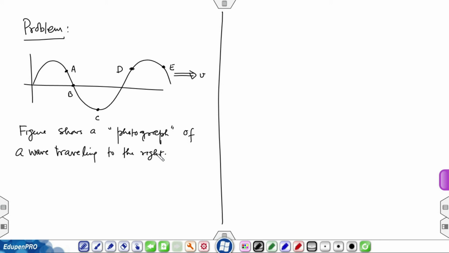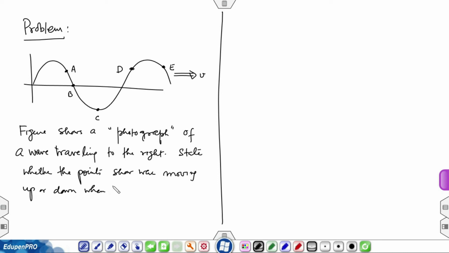State whether the points shown were moving up or down when the picture was taken.